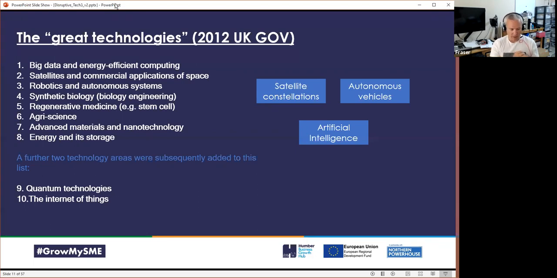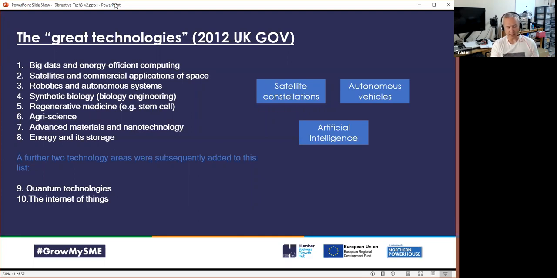Synthetic biology, number 4 there, is really about biological engineering. So it might be creating an organism that eats our waste or gets rid of some nasties, very important in terms of the decarbonization initiatives going on. So again, it's branches of biology as well as physics here.